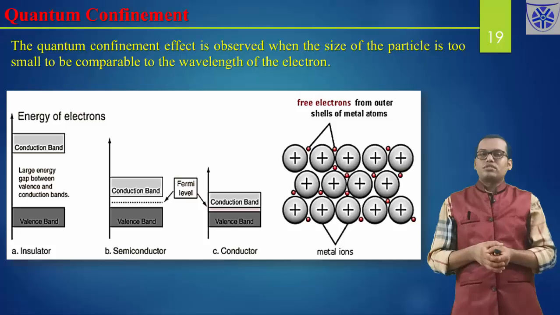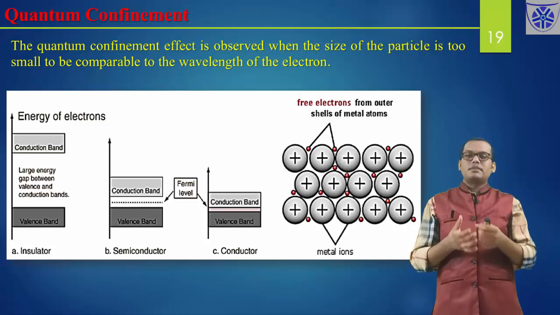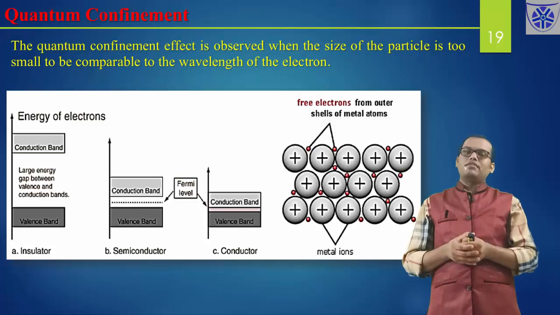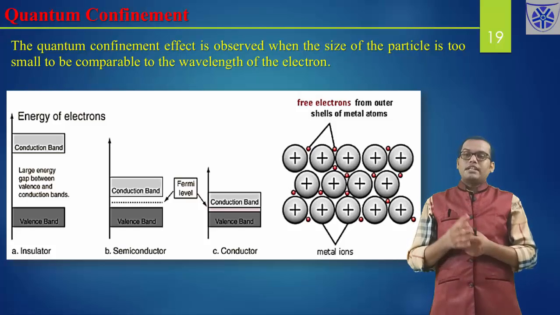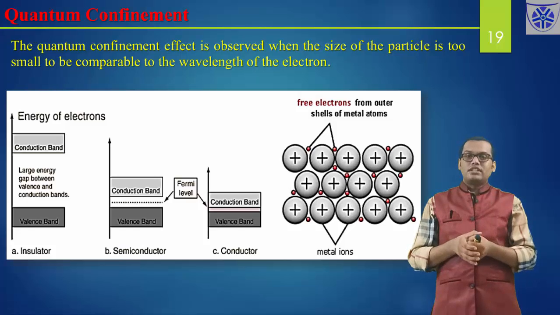Suppose I go to the band theory: what do we mean by insulator, semiconductor and conductor? An insulator has a huge band gap between the valence band and the conduction band. A semiconductor has a small band gap, around 2.5 or 3, and the Fermi level is aligned in between the conduction and valence bands. In a conductor, the conduction band and the valence band overlap. In a metal, you have a lot of free electrons that can move easily from the valence band to the conduction band.